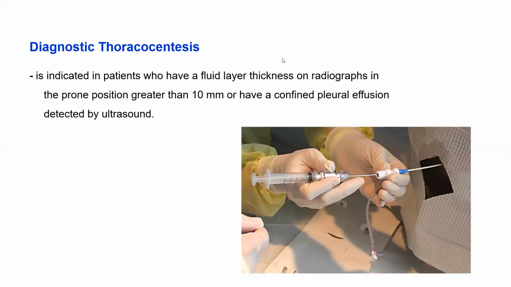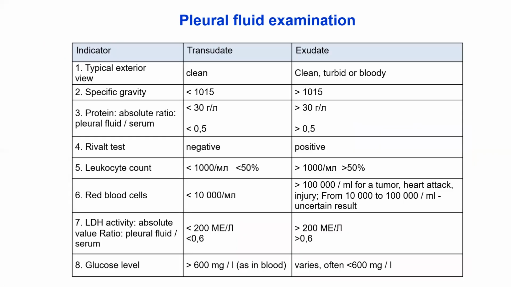Thoracentesis is indicated in patients who have a fluid layer thickness on radiographs in the prone position greater than 10 millimeters, or have a confirmed confined pleural effusion detected by ultrasound.